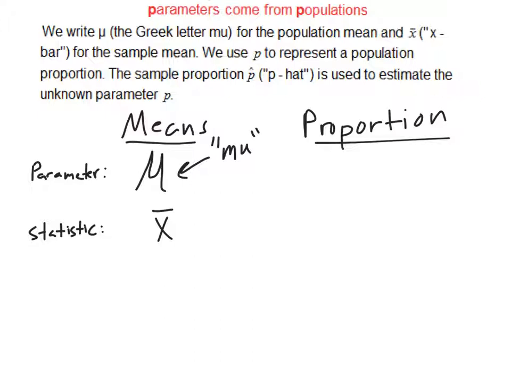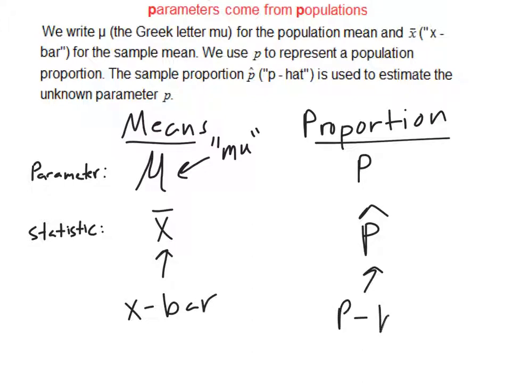If it's a proportion, the parameter is just called P. The statistic is P hat. Again, you'd call that X bar, and that's P hat. So now those differences kind of become important. If you see a reference to mu or P, that's about parameters. Okay, X bar or P hat is a statistic. That would be a measurement that was taken from a sample.